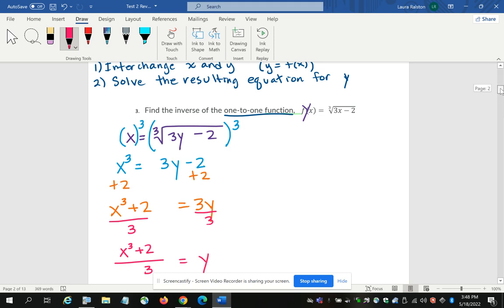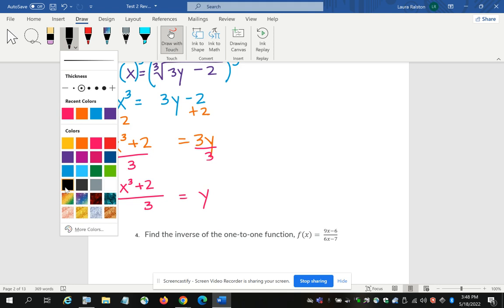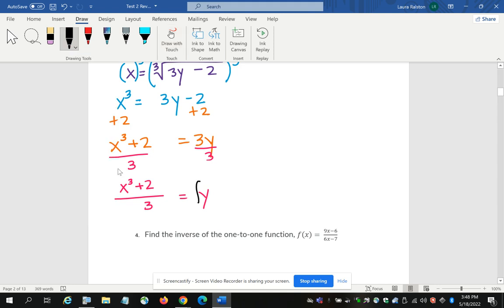And again, once you get it solved for y, what you have is f inverse. So the inverse of the function f is x cubed plus 2 all divided by 3.